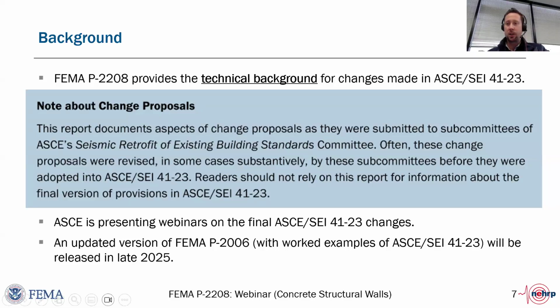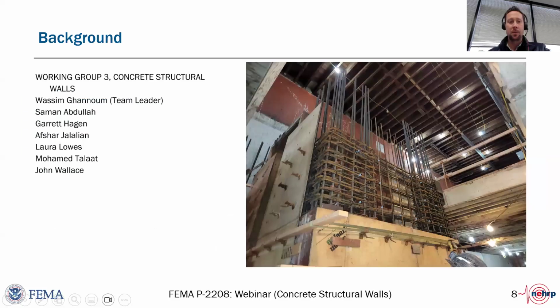This next version would then incorporate ASCE 41-23 provisions and basically update some of those key examples based on these updated provisions in 41-23. The goal is for that to be released late 2025, so late next year, and we're well on our way to working through some of those examples, and I think that'll be very valuable to see an actual worked example of how these provisions play out.